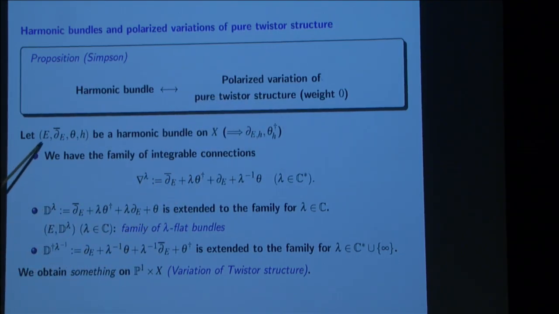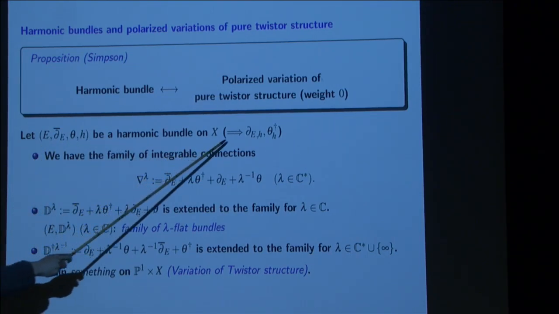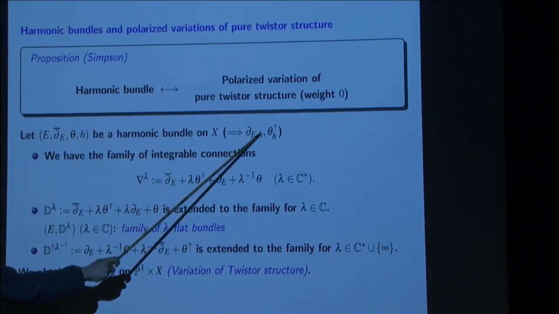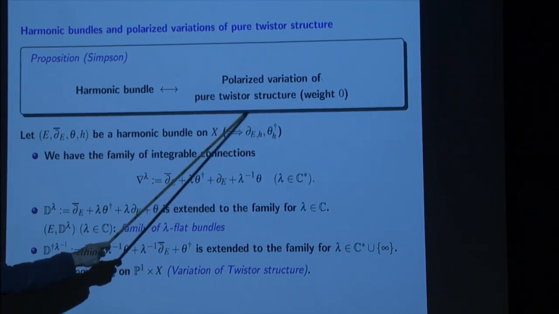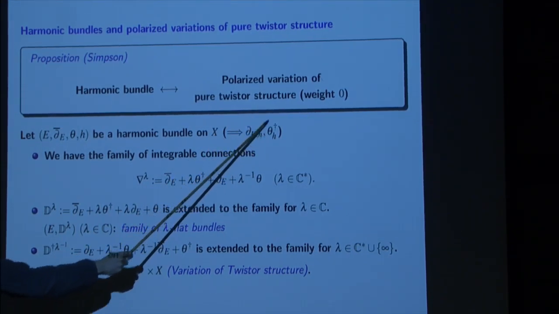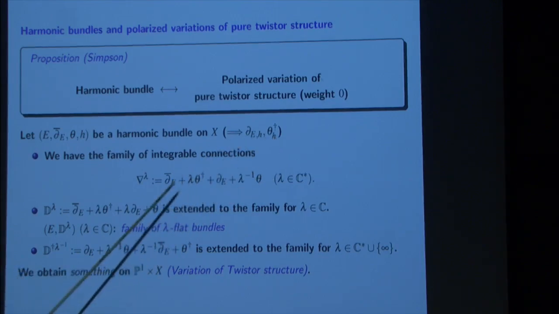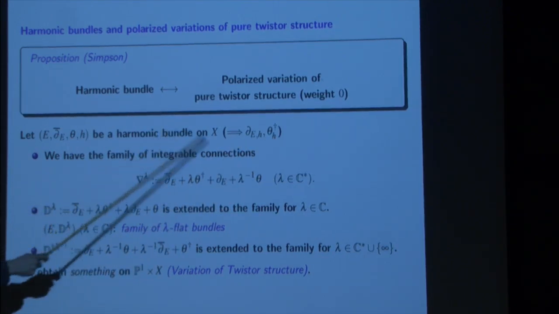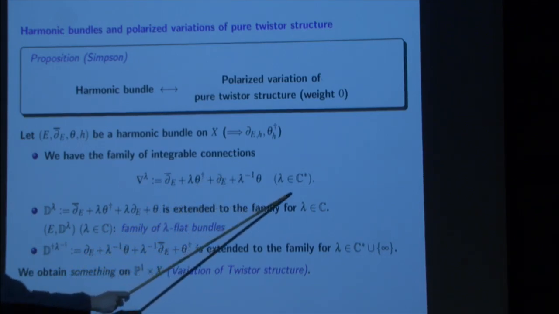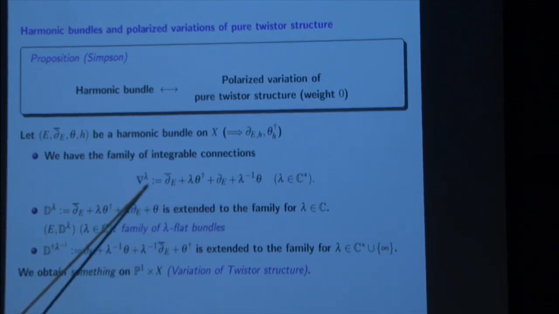So suppose we are given a harmonic bundle on X, and as I explained, we have ∂ (the 1-0 part of the Chern connection), ∂_H, and the adjoint of θ with respect to H. Then we have the family of integrable connections parameterized by non-zero complex number λ in this way.